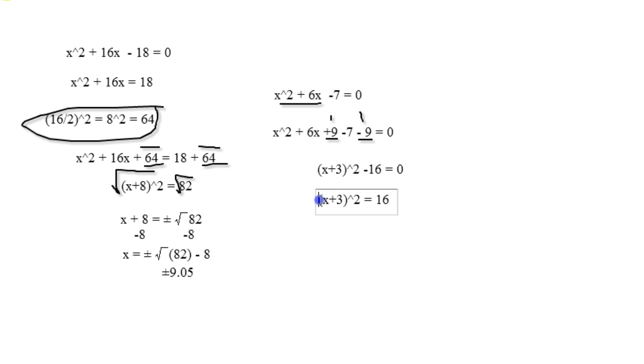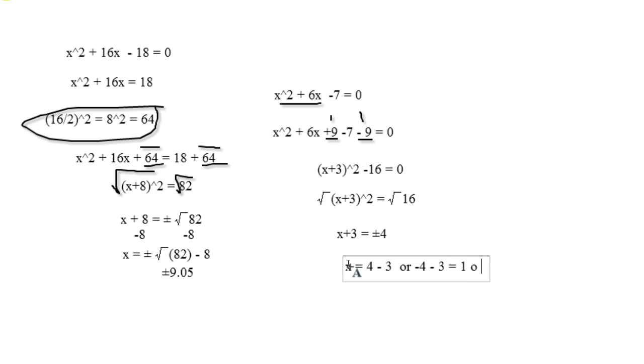I just square root both sides. And if you notice, that is perfectly squareable. So this is x plus 3 equals plus or minus 4. Okay, and then I minus 3 from that, and x equals 4 minus 3, or negative 4 minus 3, which equals 1 or negative 7.